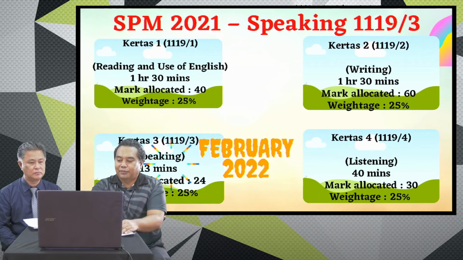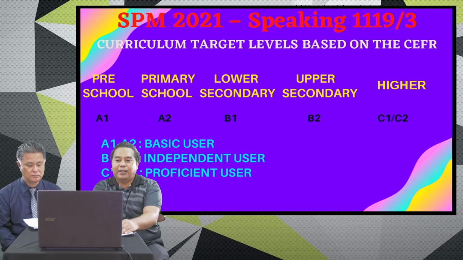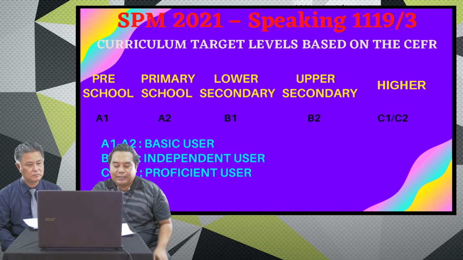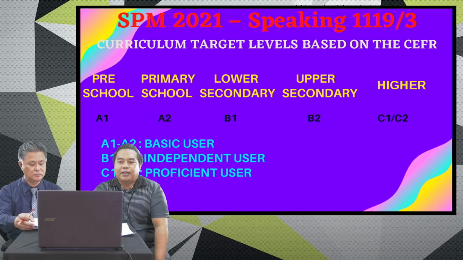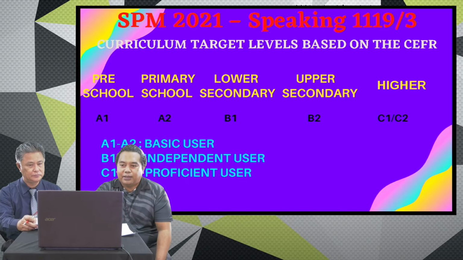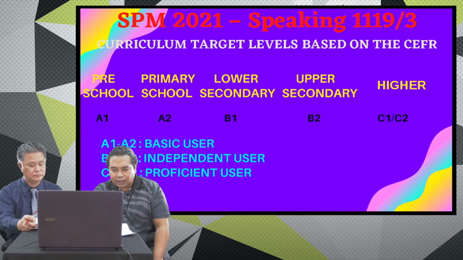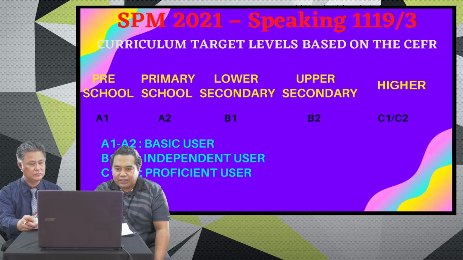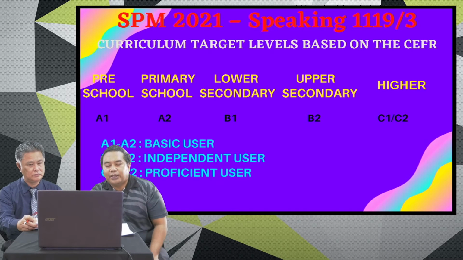Okay, next. Here are the standards, the curriculum target levels based on the CEFR. These are the levels of proficiency. They range from A1 being the lowest until C2 being the highest.